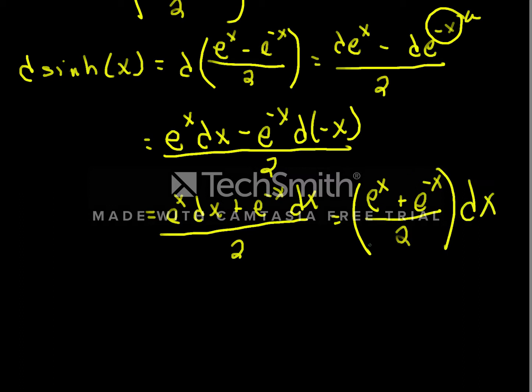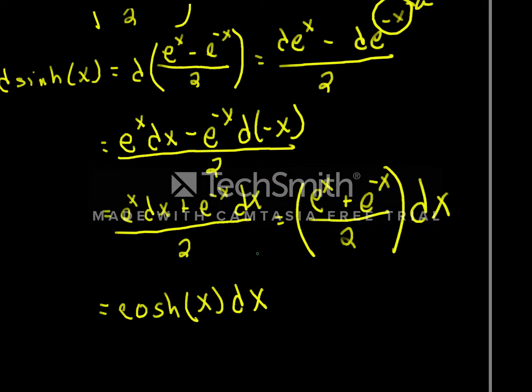And that is our hyperbolic cosine. It's what it's defined as. So this is the hyperbolic cosine dx. Again, these functions show up, especially in differential equations, but they're really just exponential functions in disguise.